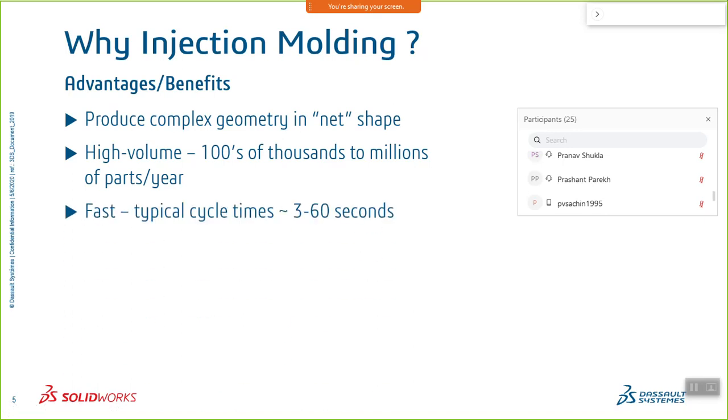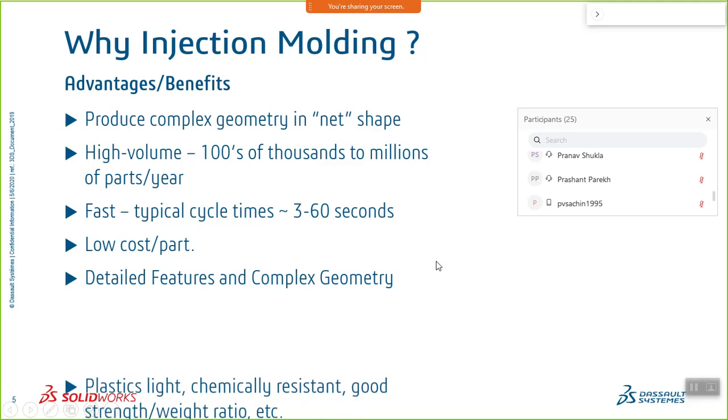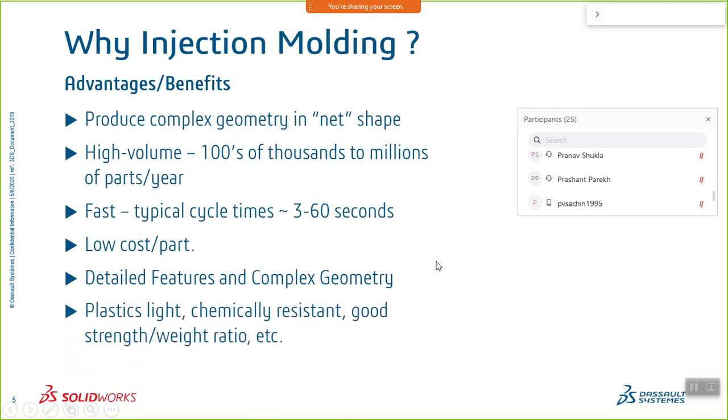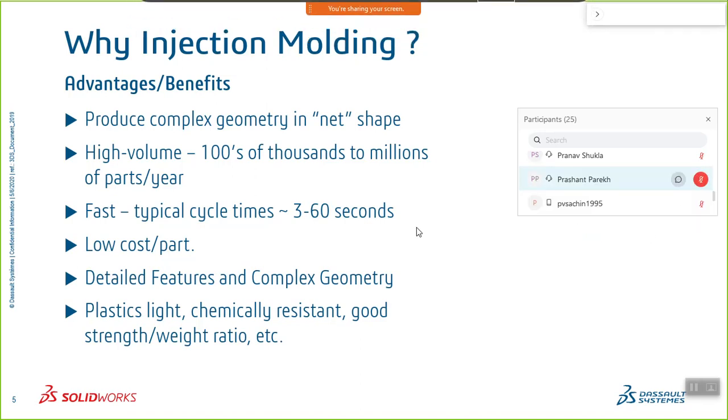Typical cycle time is 3 to 60 seconds. It is low cost per part, and detailed features and complex geometries can be manufactured using this. As I said previously, plastics are very light, they are chemically resistant, with a good strength to weight ratio. Yeah, so these are a few of the benefits of why we go into injection molding.